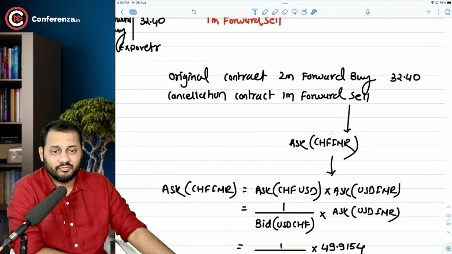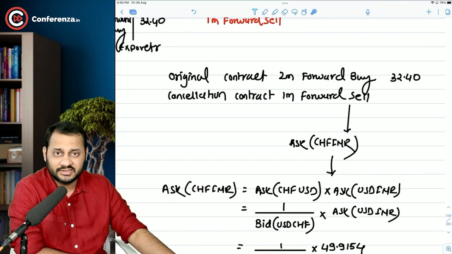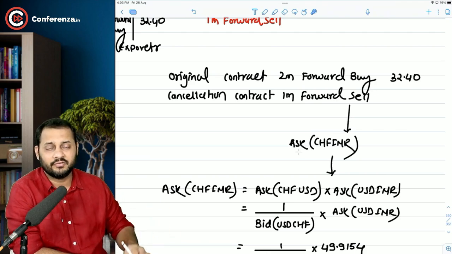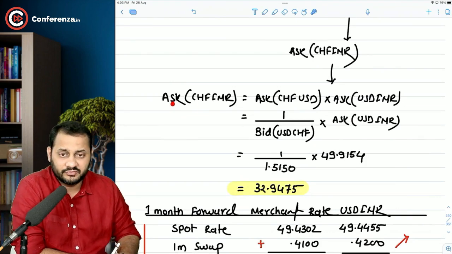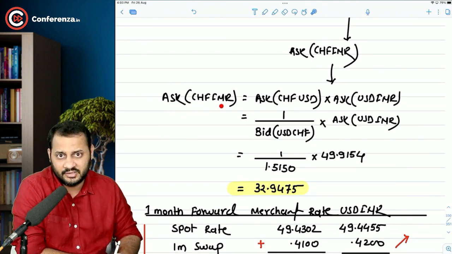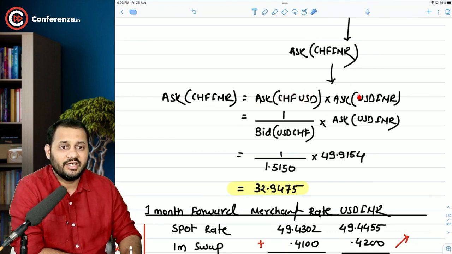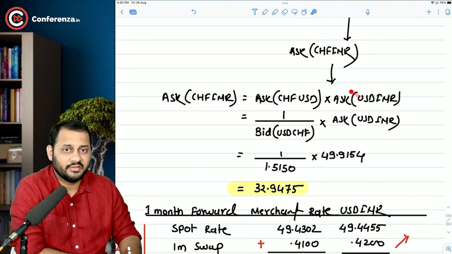When the bank wants to sell CHF, a quote in which the base currency is CHF, the bank will take the ask rate of that. So let's frame an equation for the ask rate of CHF INR. We will take the ask rate of both CHF USD and USD INR, in such a manner that this USD gets cancelled.